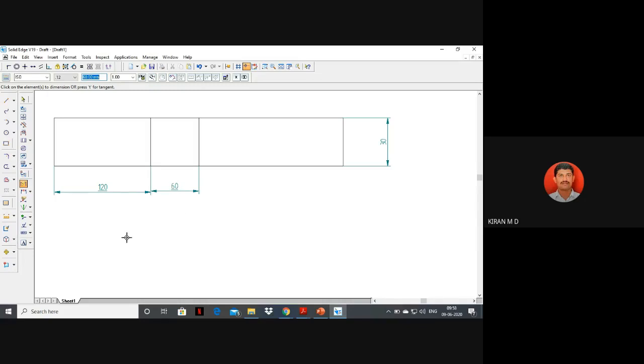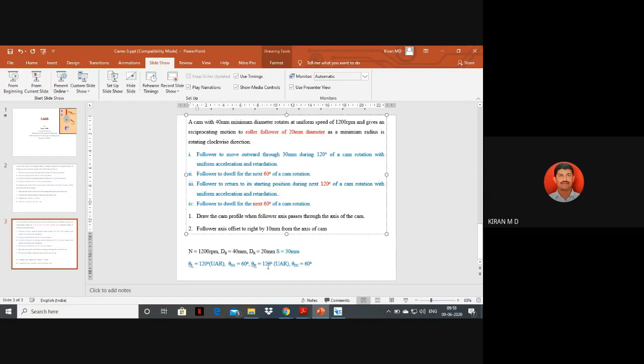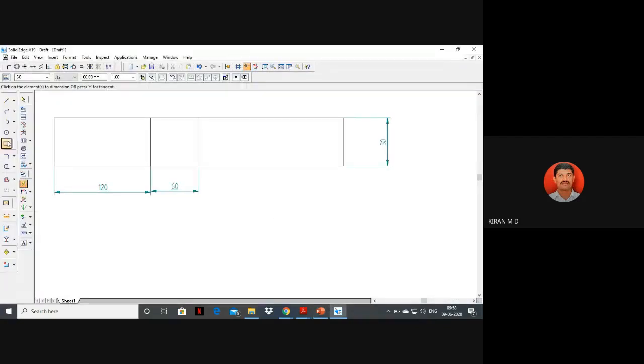Okay. So next is theta return, that is also 120 degree. So you divide that for again another 120 degree.